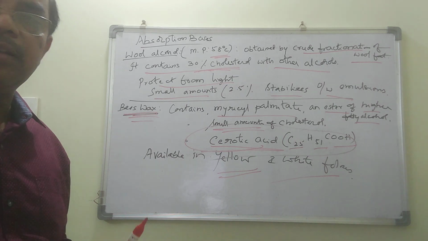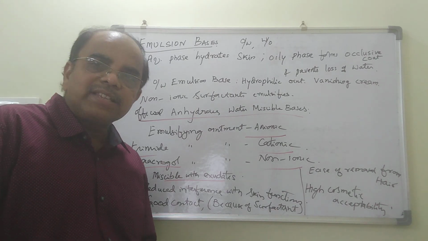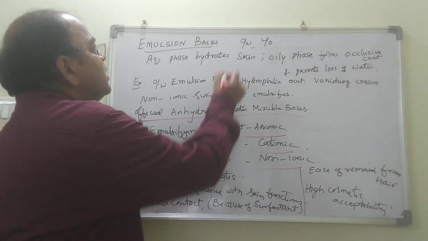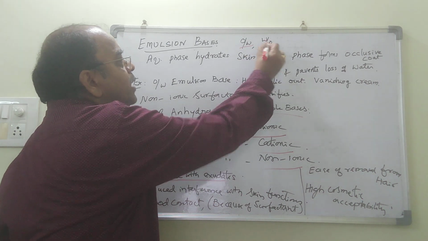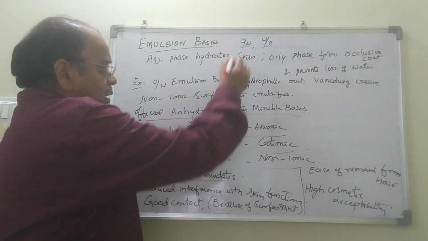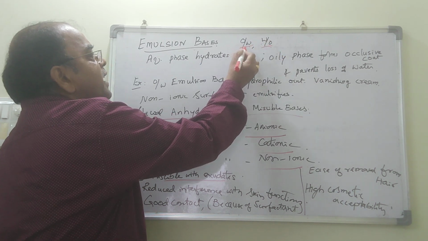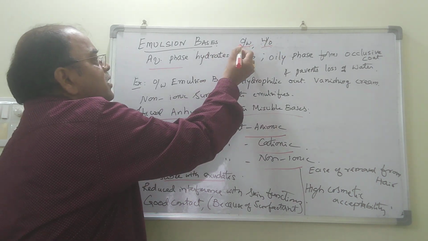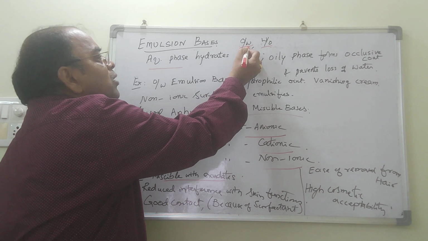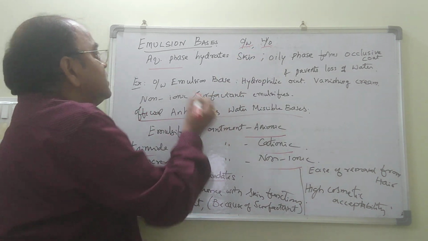Emulsion base may be O/W type or W/O type, oil in water type or water in oil type. Here, in O/W, the aqueous phase, water, is the continuous phase.